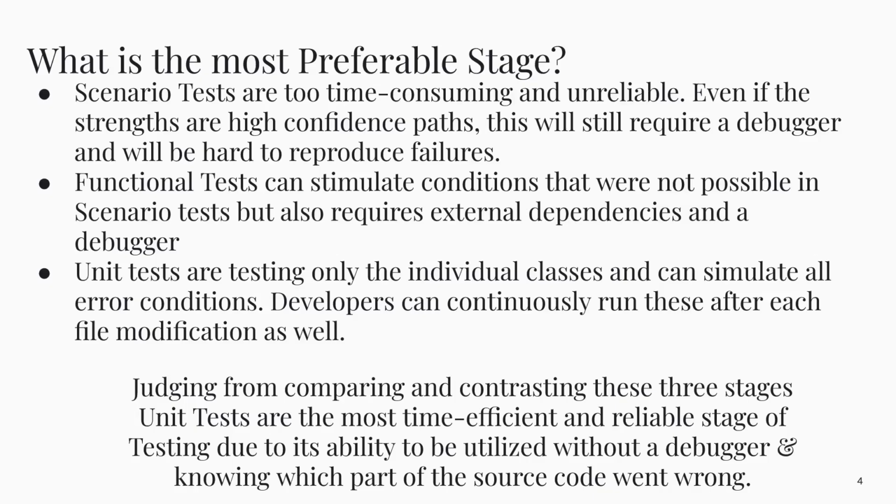Now, obviously, judging from comparing and contrasting these three stages of testing, the most time efficient and reliable stage, due to its ability to be utilized without a debugger and knowing which part of the source code went wrong, would be unit tests.